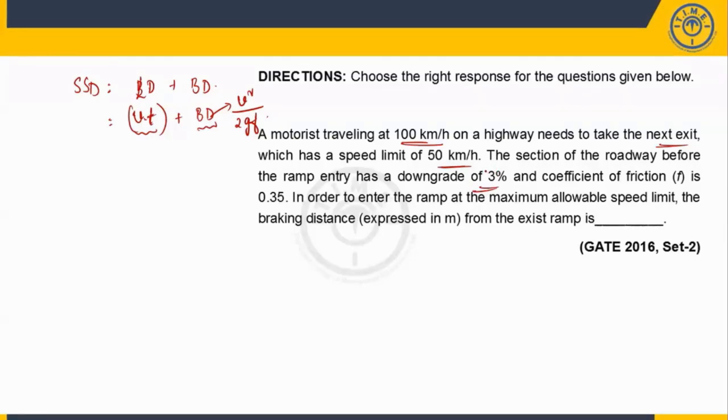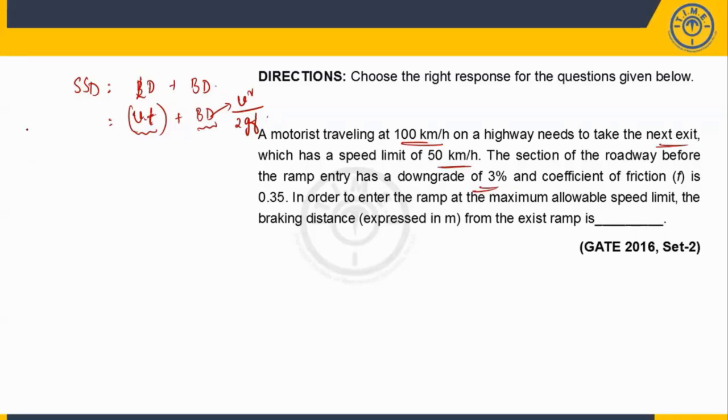That means here there is also some slope. This formula is applicable for flat roads.